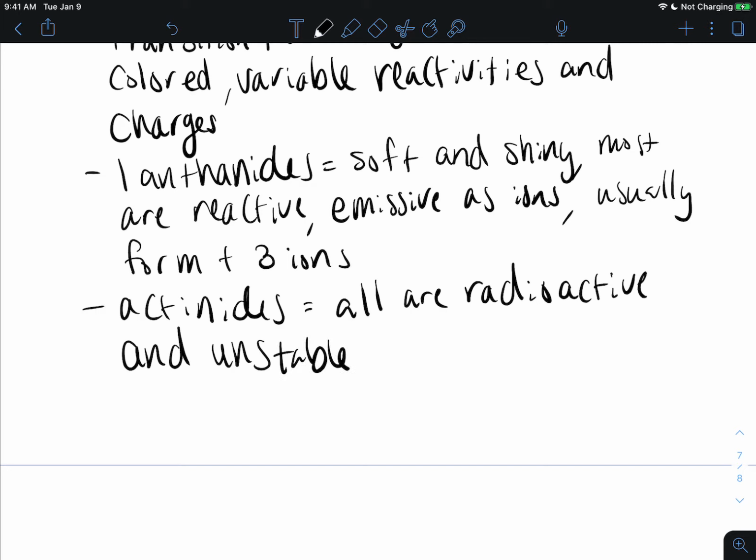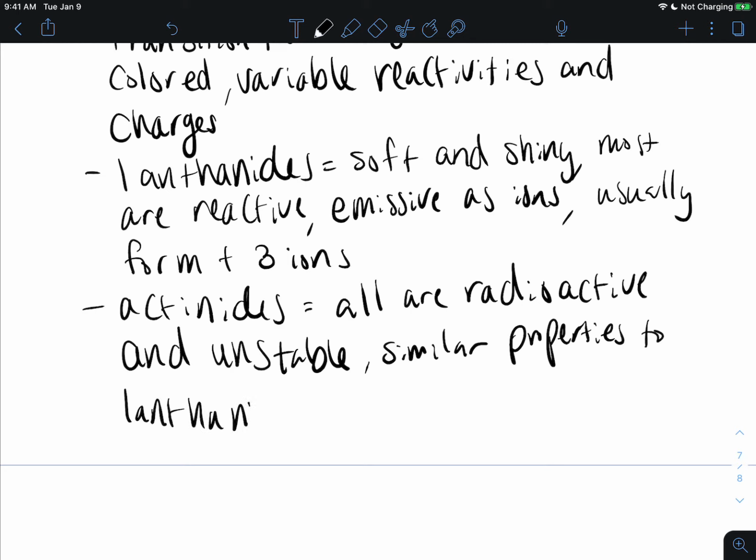So when I say that they're radioactive, that means that they're all going to be unstable nuclei that are going to spontaneously decay to form our radioactive particles, our beta particles, our alpha particles, and our gamma rays. So every single element within our actinide group is considered radioactive. Other than that, they have similar properties to our lanthanides. And they form that +3 ion most usually.